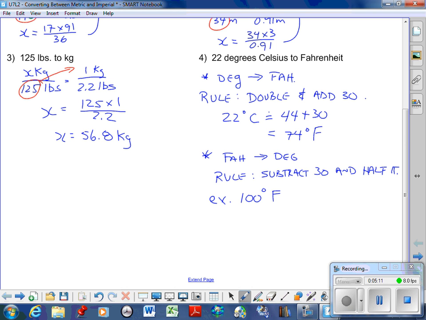If you call down, talking to your grandma or grandpa in Florida, and they say it's 100 degrees Fahrenheit, in your head you would say, okay, I want to take away 30, so 100 minus 30 is 70. And I'm going to halve that. 70 divided by 2 is 35 degrees Celsius.